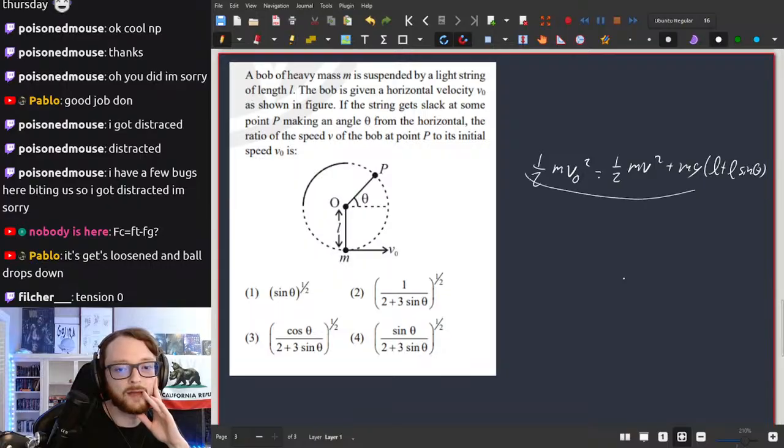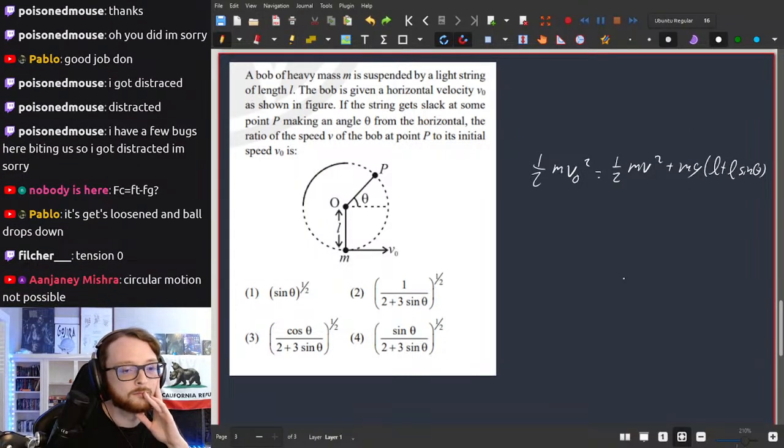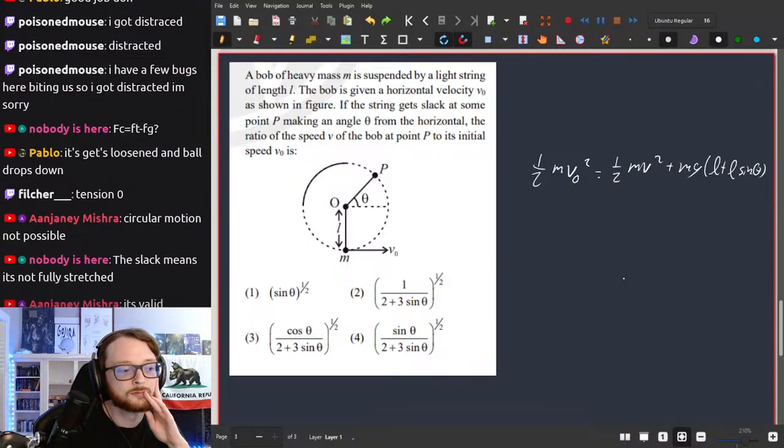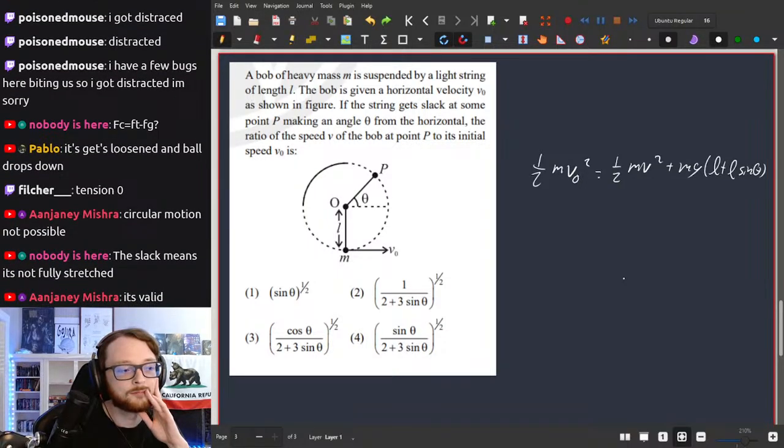I don't know if this is valid if the string is slack is the only thing that I don't know. There's zero tension. I guess that makes sense. It is valid.